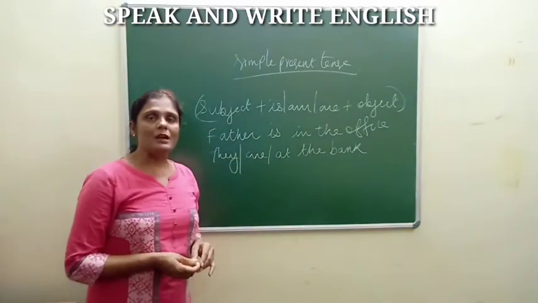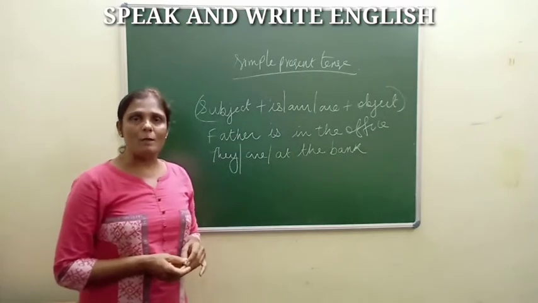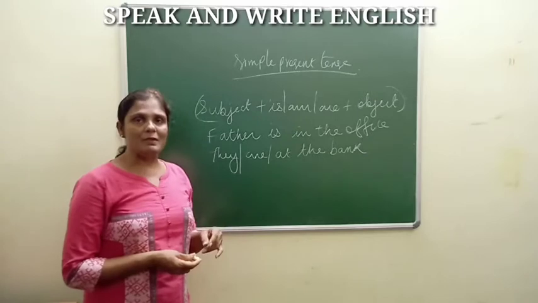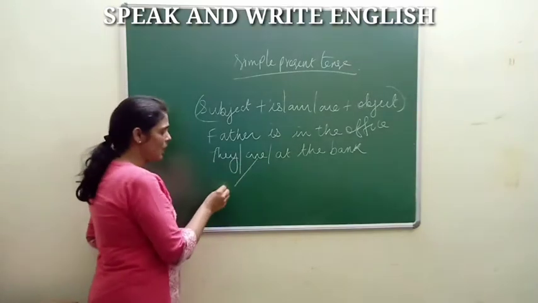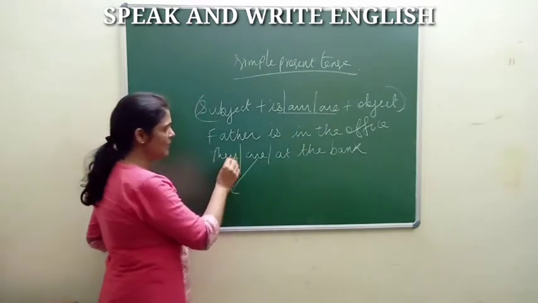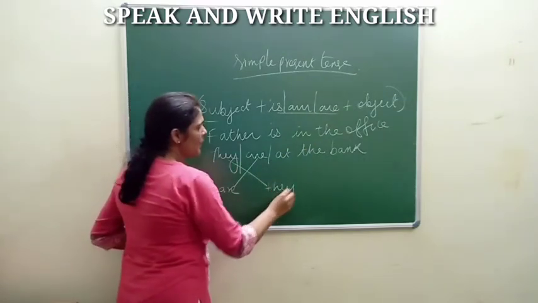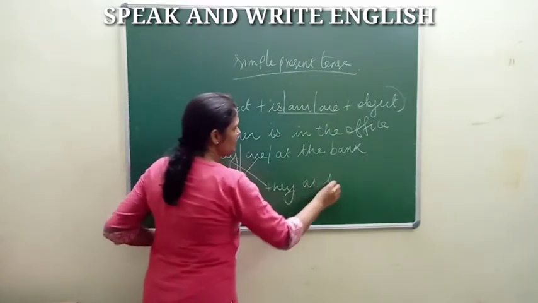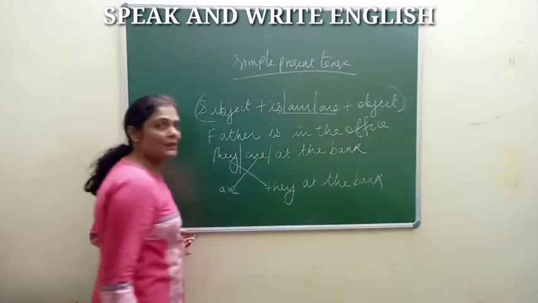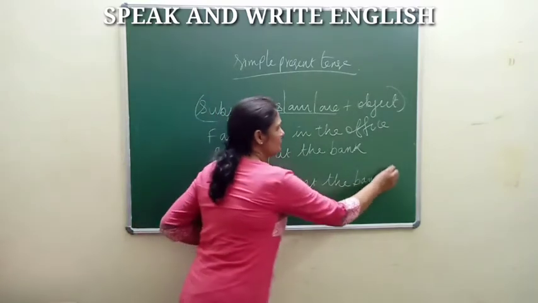The same thing when you want to ask in the form of a question: first you need to take is, am, are. So I have taken are they at the bank? Are they at the bank?